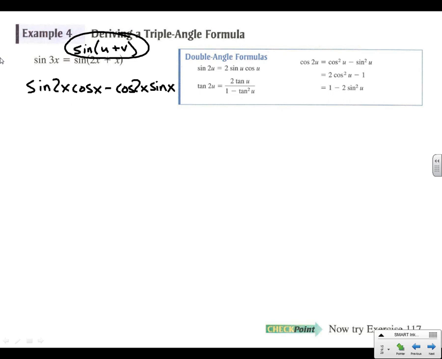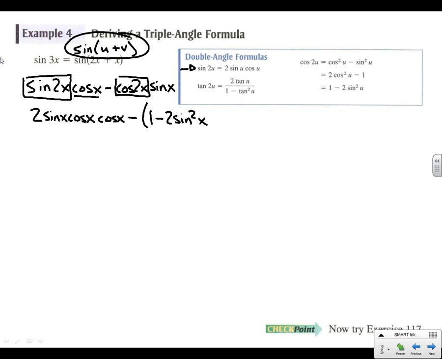All right, and so let's clean up from here. Sine of 2x. We're going to go use this one now. This is 2, just this part, 2 sine x cos x, and then we'll bring down the other cos x, plus, all right, just this part, cos of 2x, since we're multiplying by a sine, let's go ahead and use the one that just has sine in it. 1 minus 2 sine squared x, times sine x.